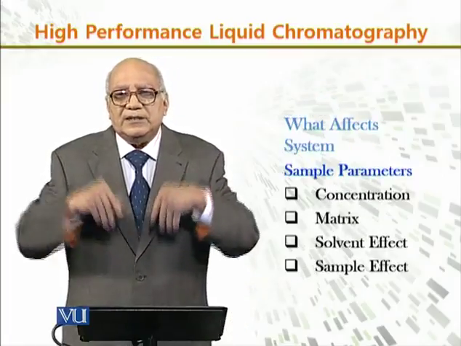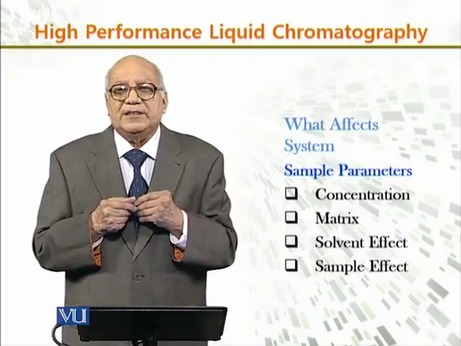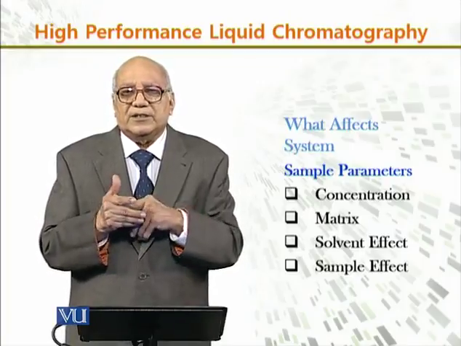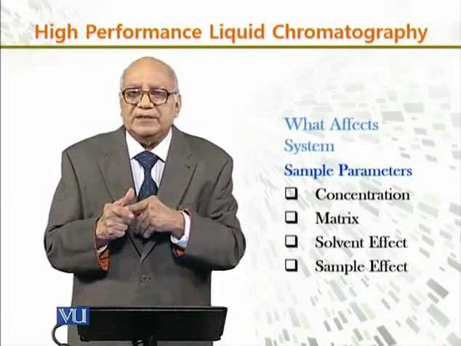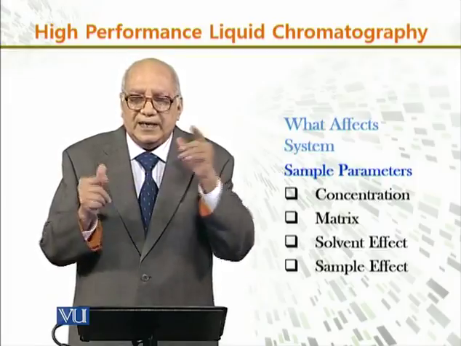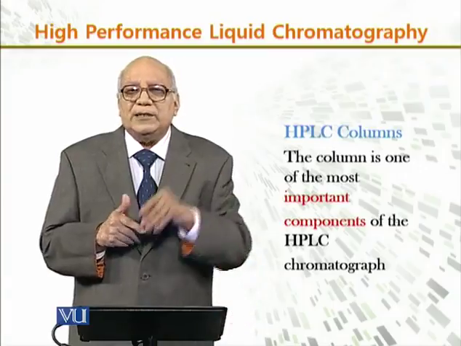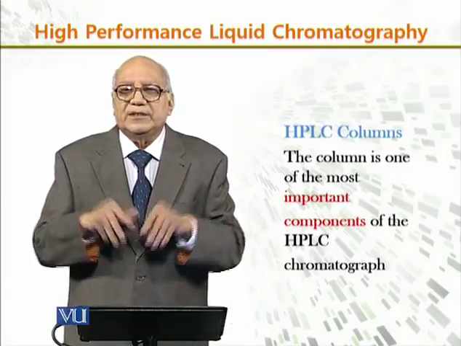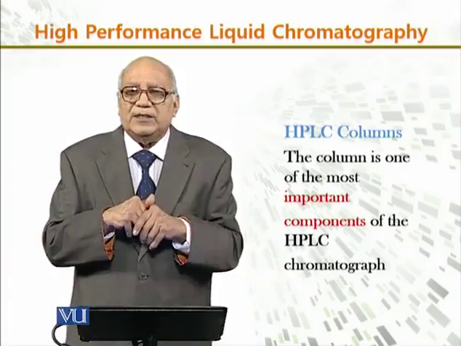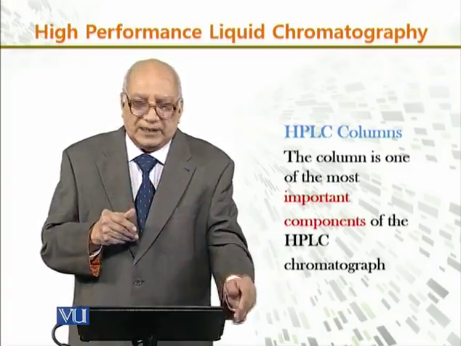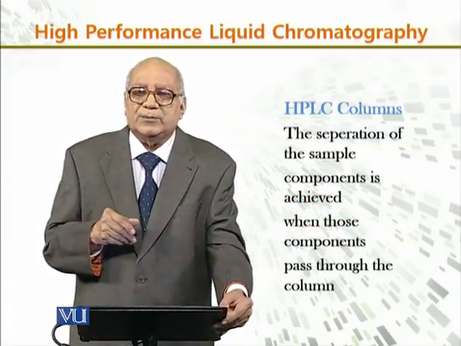And what are the different factors which affect this system? That is the concentration, the matrices, solvent effect, and the sample effect. Now, the HPLC column, which is the heart of it, is one of the most important components of the HPLC chromatograph.